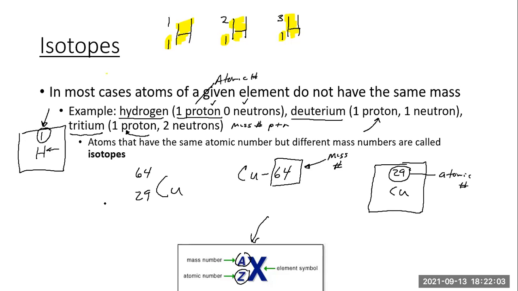Professor. Yes. So for tritium and deuterium, are those found in nature, or is that like a man-made? Some are found in nature. Some isotopes are found in nature. Some isotopes are sort of man-made, if you will. For example, copper 64. There's like copper 68, copper 69.